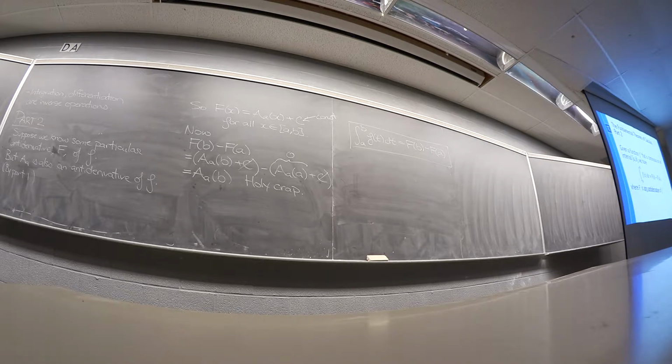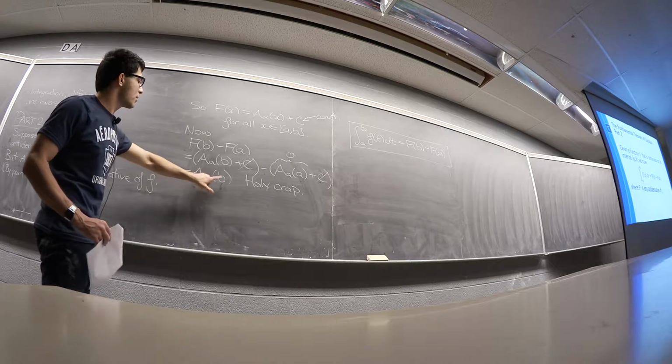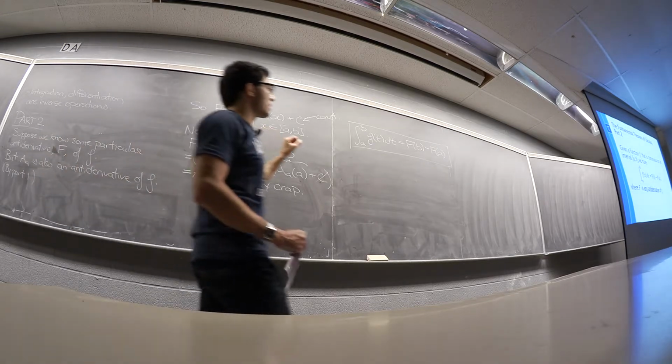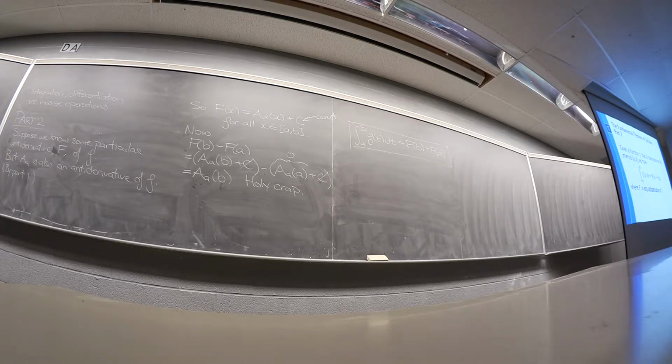If you got f continuous on the closed interval from A to B, the area, or the signed area, from A to B is given by the difference of the values the antiderivative takes at those endpoints. Doesn't matter if you call it t or x, it's a dummy variable, call it whatever you want.